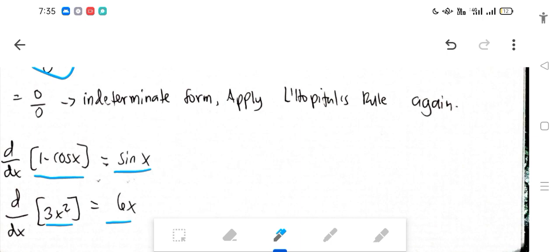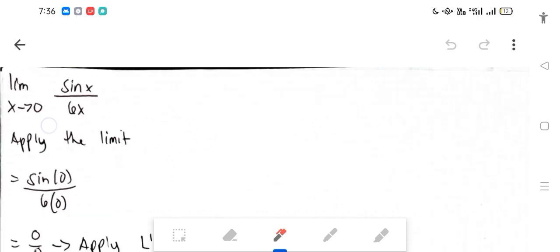So now that is our function: the limit of sine x all over 6x as x approaches 0.